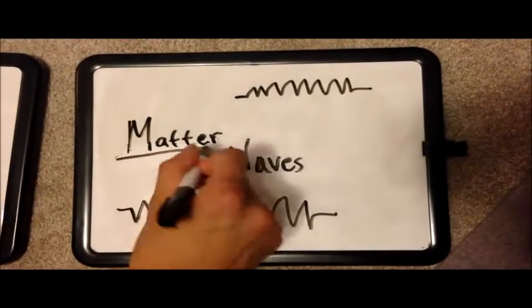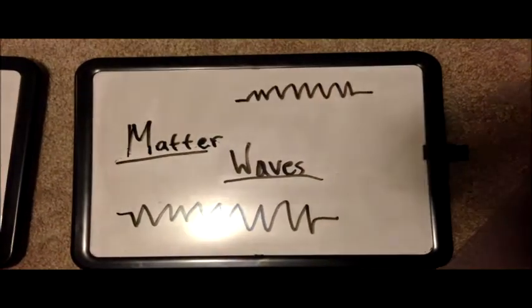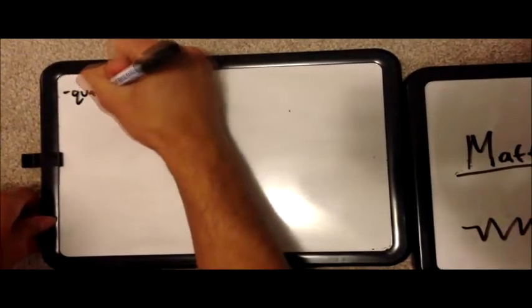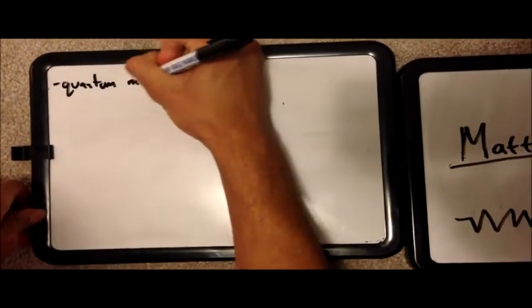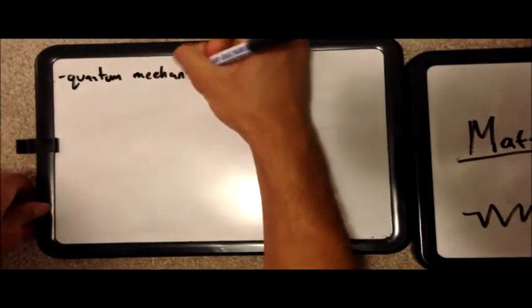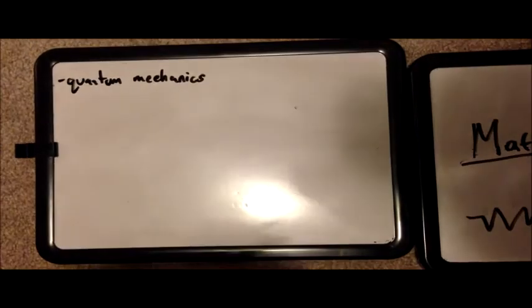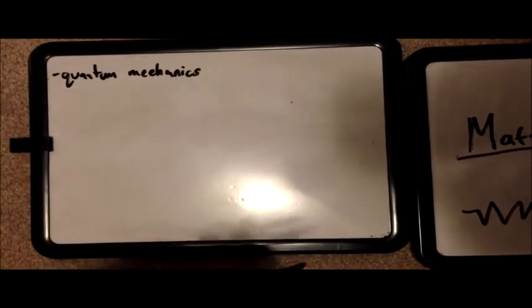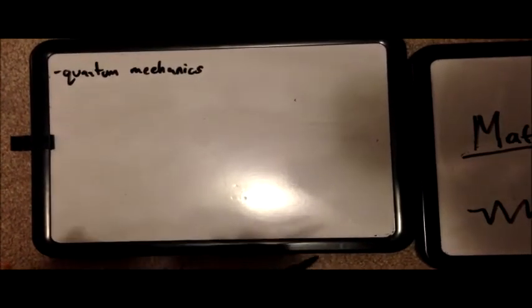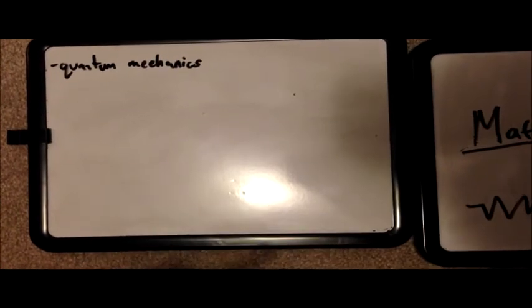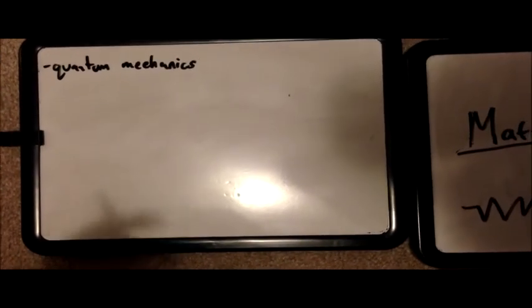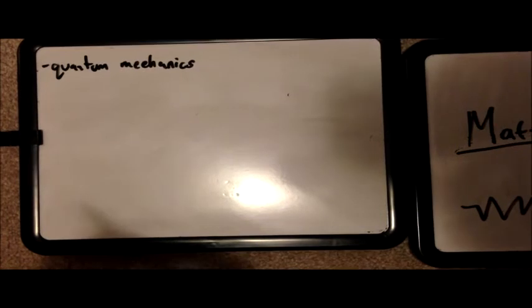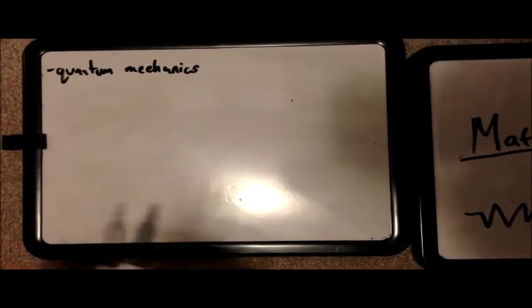So now we'll be talking about matter waves. In this section, we talk about quantum mechanics. Quantum mechanics is basically the mathematical interpretation of the behavior and composition of matter based on the wave nature of the particles. So what this means is basically how we interpret particles to act.